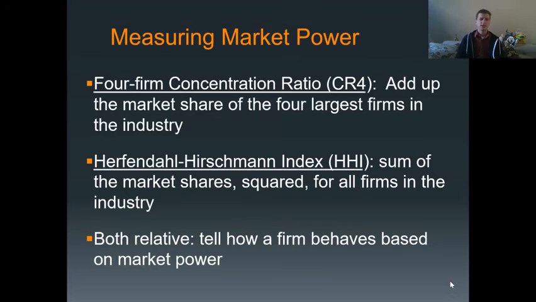The lower the number, the less concentrated. Now, do you ever have to actually calculate those? No, not at all. Just know that they have to do with measuring market power. And the important part here is they really just tell how a firm behaves based on its market power. It's completely relative.